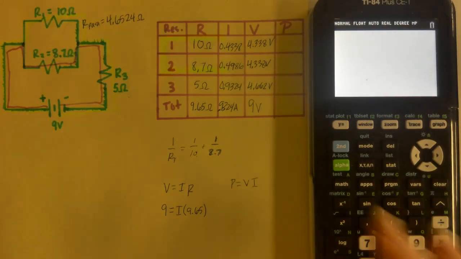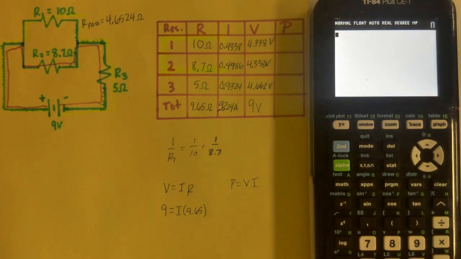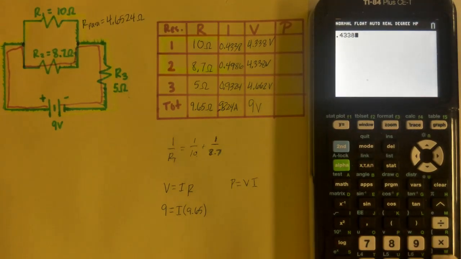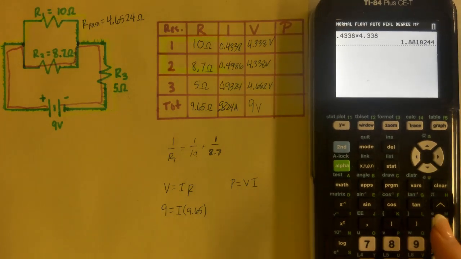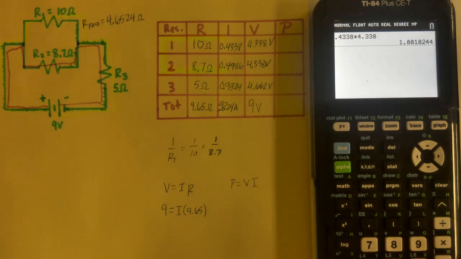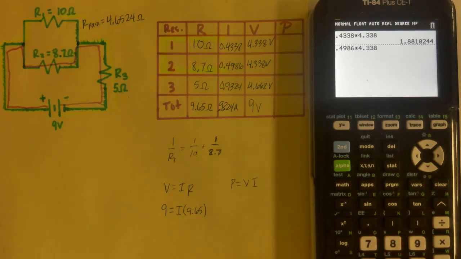Again, lastly, you can find all those powers. 0.4338 times 4.338. I did clear my history, so unfortunately I can't arrow up, and I'm going to have a little bit of rounding error in here, but hopefully not much since I carried it out to 3 decimal places. I have 0.4986 times 4.338.